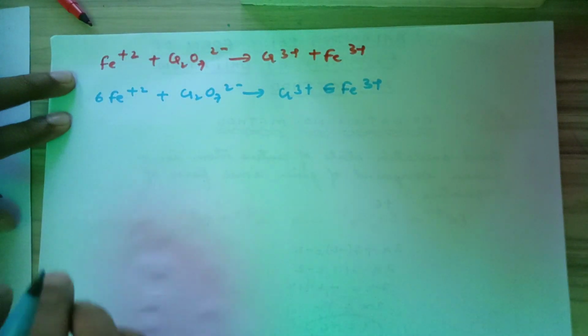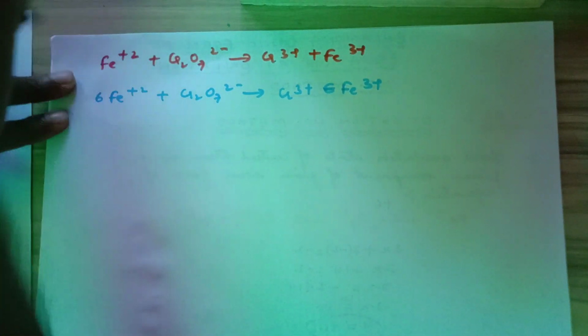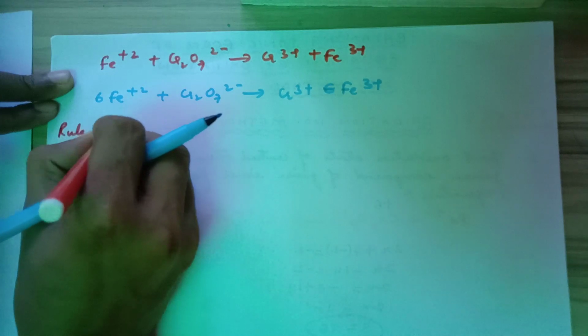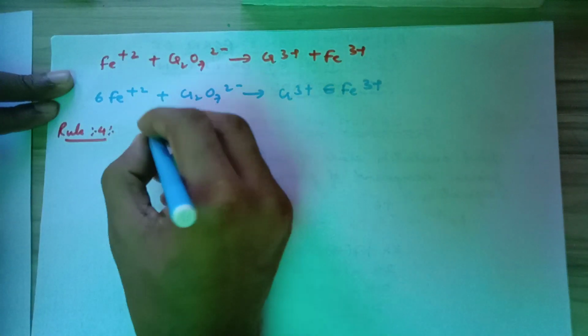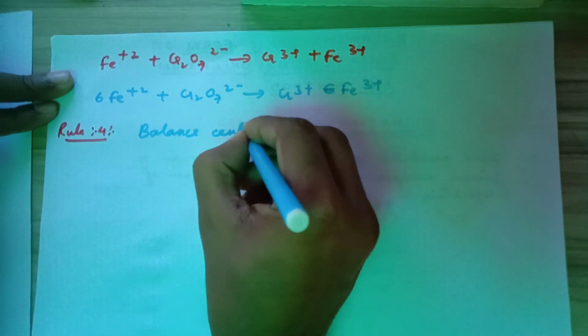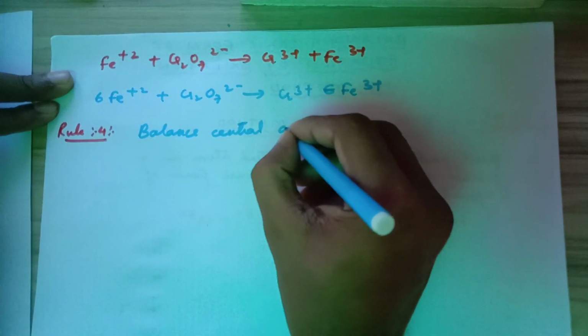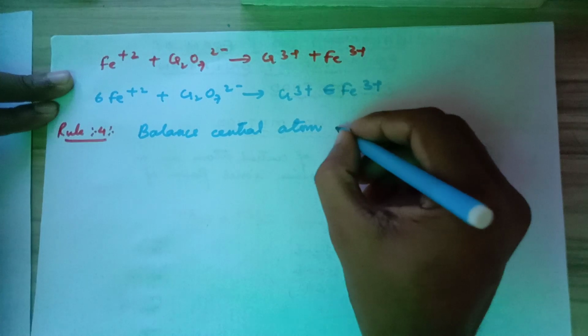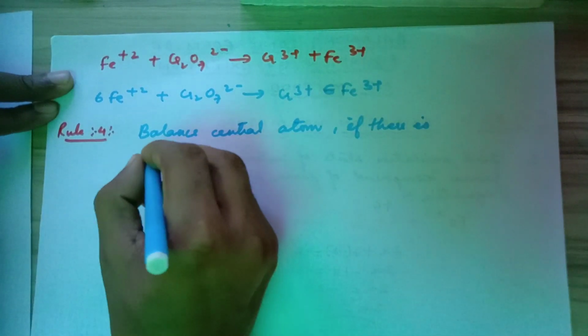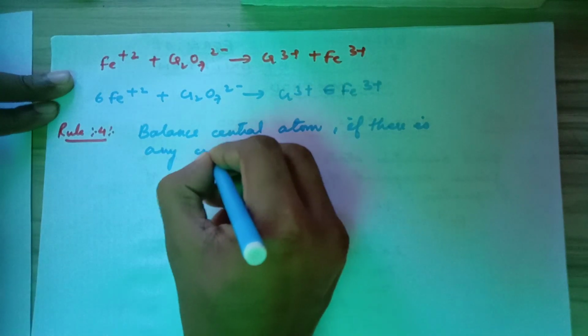Now rule number 4. Balance central atom if there is any unbalancing.